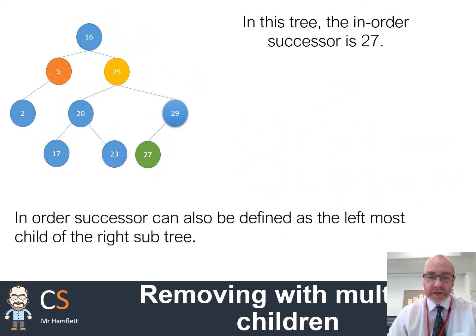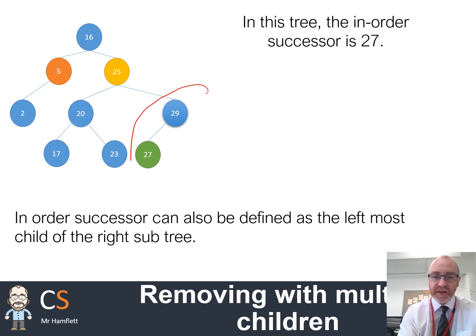We can think of it as the leftmost child of the right subtree. What do I mean by that? Again, let's look at 25. We get the leftmost child of the right subtree. The right subtree is anything connected to the right of this node.